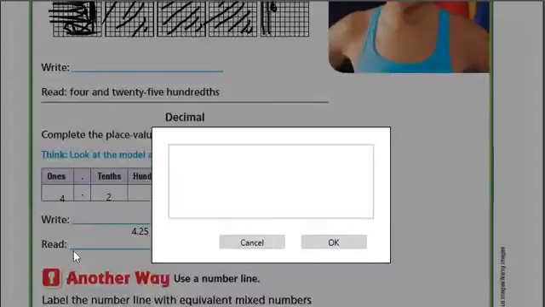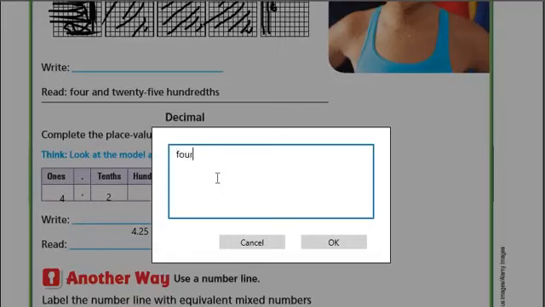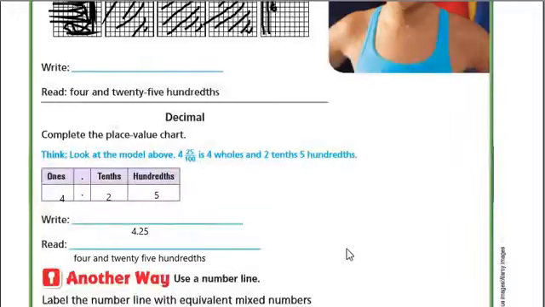How can we read it? 4, and we said the decimal point, you will read it as "and". 4 and 2500. Okay, 4 and 2500. Okay.